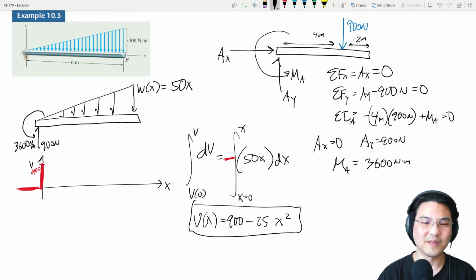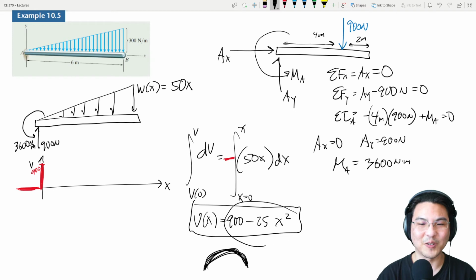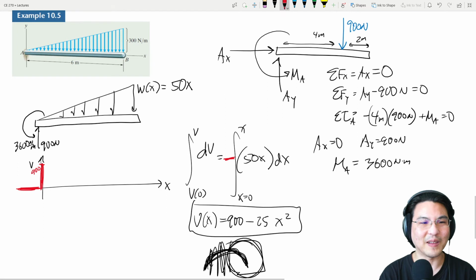Okay, so here we go. That's the shear. What does that look like? It's a parabola, right? And the leading coefficient is negative, so it's definitely this kind of shaped parabola. At x equal to 0, it's 900. And as you increase x, what happens? If x equals 1, 900 minus 25; x equals 2, 800. So it's decreasing. It's this side of the parabola, not this side, so it's going to look something like concave down.